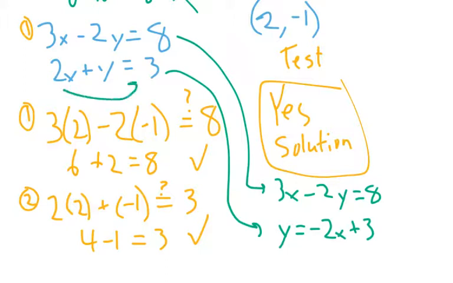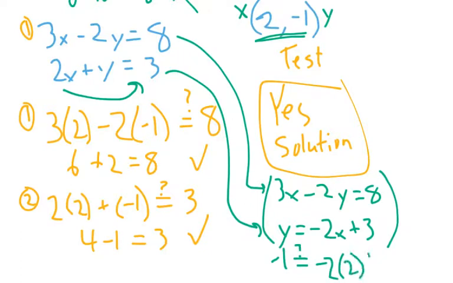All I did was move the 2x over to the other side. Even if it's displayed like this, it doesn't change anything. You'll still use your xy point. Just keep in mind that the 2 is the x and the -1 is the y. So when you plug it in, -1 question mark equal sign -2 times 2 plus 3. Nothing changes. You just have to be careful about where you place the x and y points.